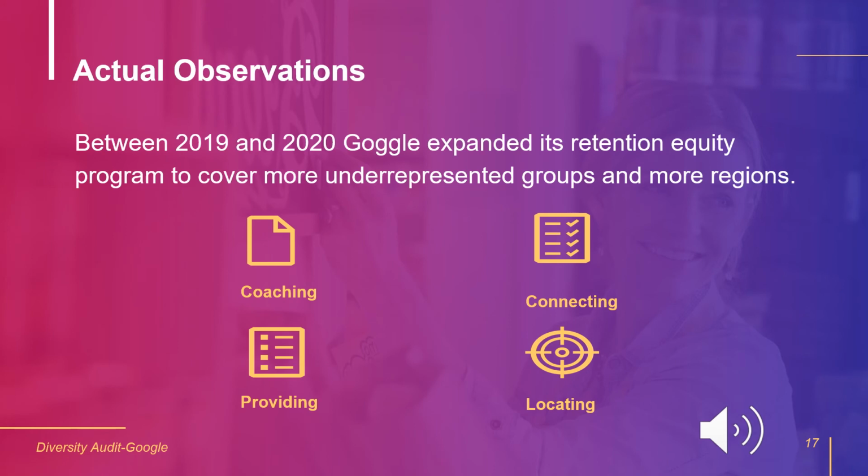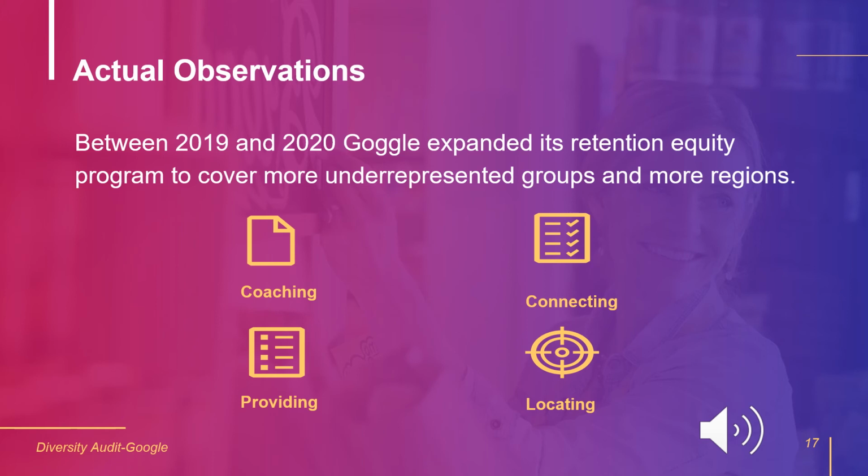Actual observations. Between 2019 and 2020, Google expanded its retention equity program to cover more underrepresented groups and more regions. Google created teams that work one-on-one with employee cohorts whose attrition rates are above average.